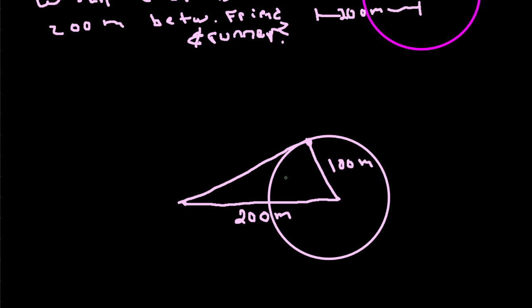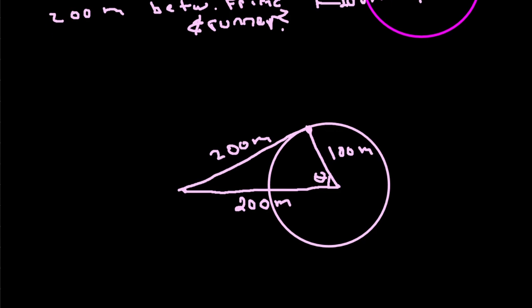And the problem we're trying to solve is the case where the distance between the friend and the runner is 200 meters. And there's an angle theta right here.